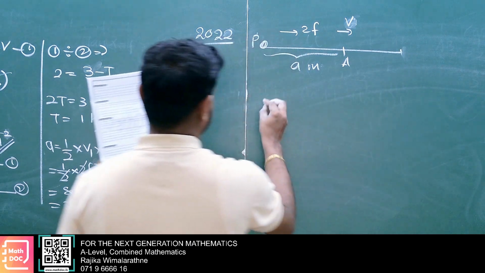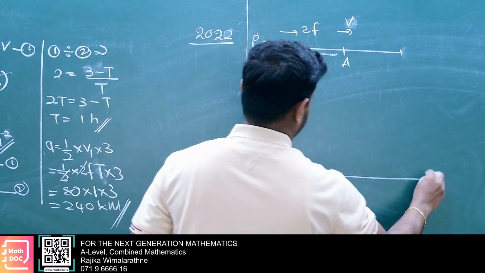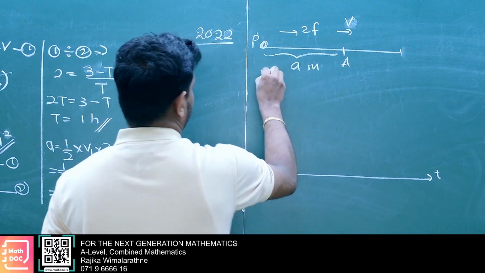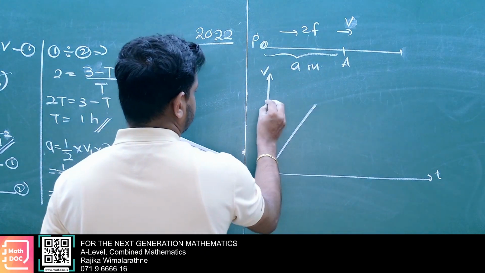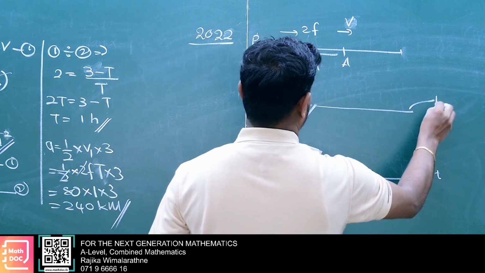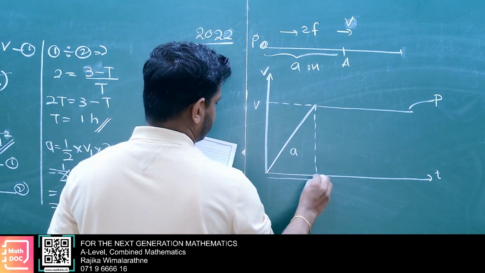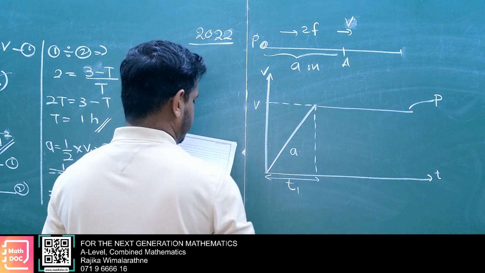Here we have time, velocity and acceleration; it reaches velocity V, with displacement A meters, and we take the time as T1.